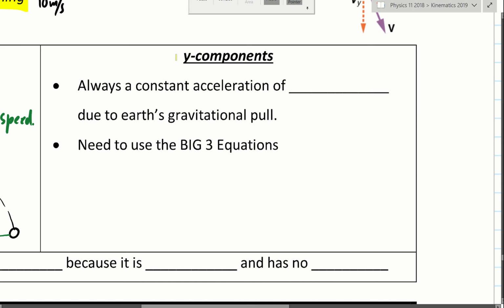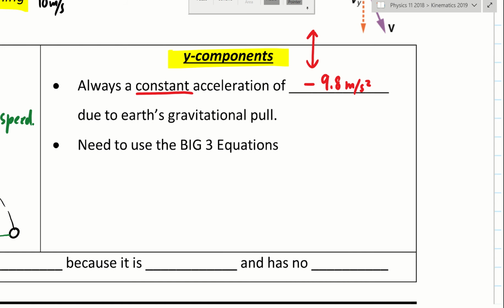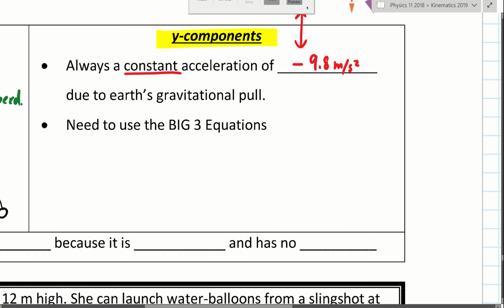In the y component world, the component that goes up and down, up in the sky, down to the ground, there's always a constant acceleration from gravity, always negative 9.8 meters per second squared if you are on Earth, near the surface. Now, because you have acceleration, please use the big three. V final equals V initial plus at. So you're only allowed to use the big three in the vertical world, not in the horizontal world.